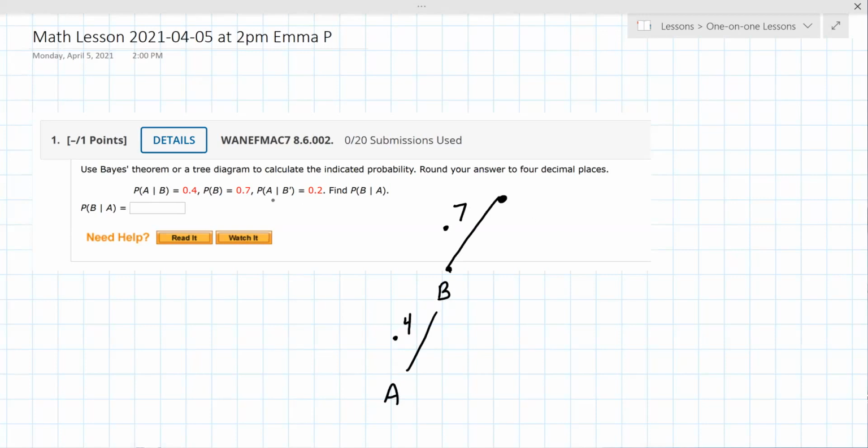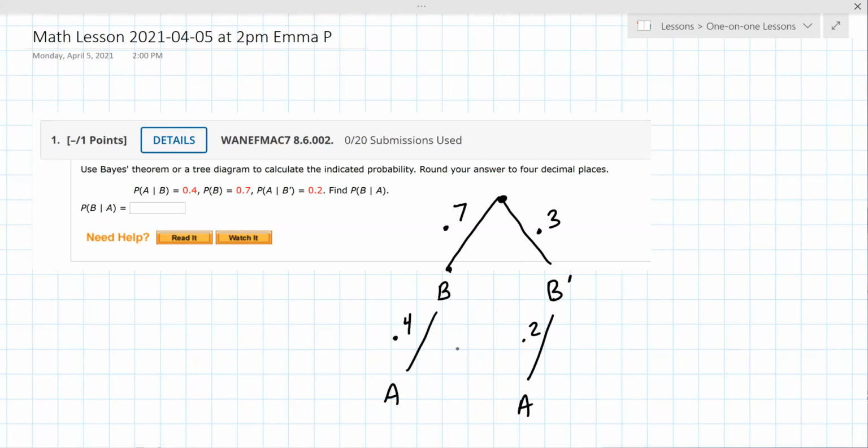And then the probability of A given not B, so here's not B over here. And we would assume that's 0.3 because these two paths have to make that. So A given not B means here's A, and that's 0.2.